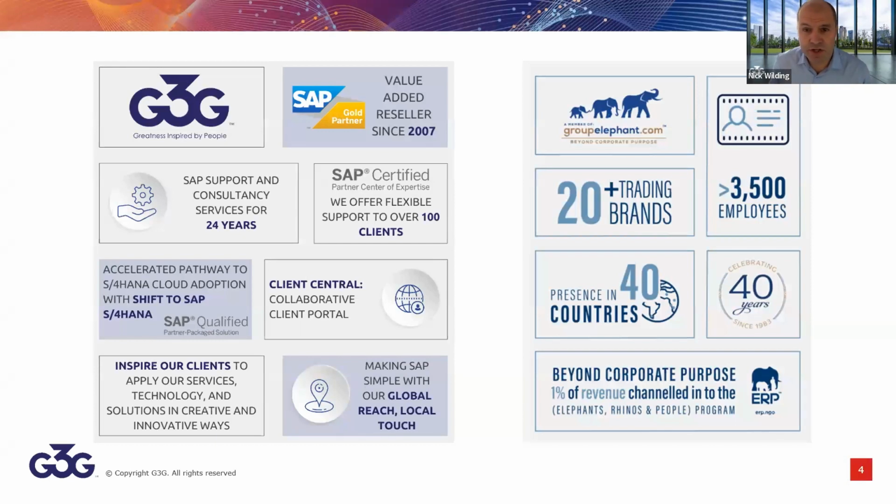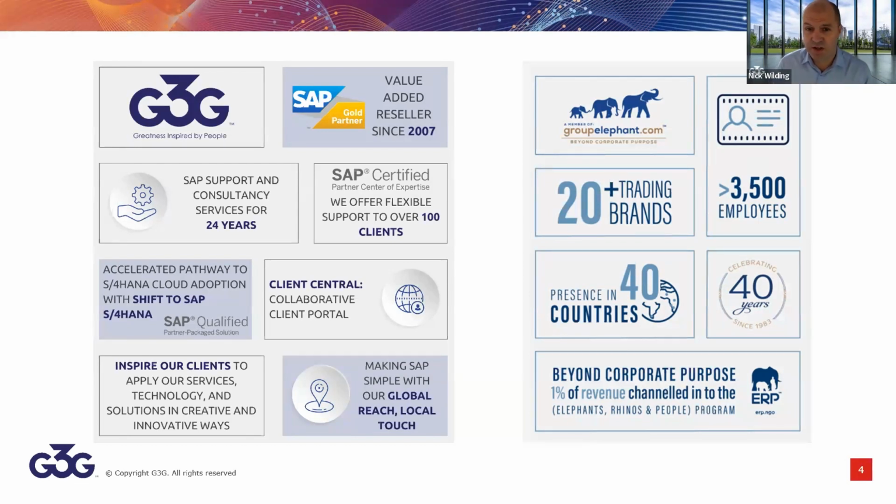A little bit about G3G. G3G is an SAP partner with a 24-year track record. We specialise in enterprise software advisory, license provisions and audits, implementation and support services, and we are an SAP partner centre of excellence as well. We've been running as a value-added reseller since 2007. G3G trades under the group brand Group Elephant.